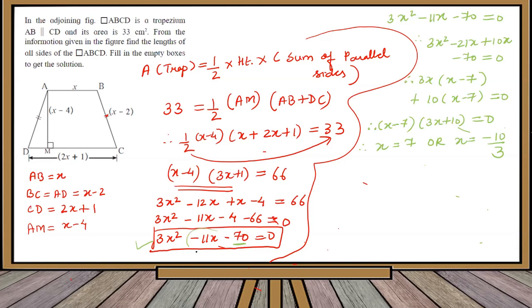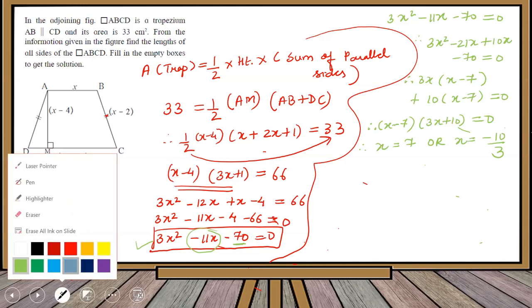And for minus 11x, we need 21 and 10: 21 into 10 will give me 210, and minus 21 plus 10 will give me minus 11. So I have solved the quadratic by splitting the middle term, and the solutions that I'm getting are either x is equal to 7 or x is equal to minus 10 by 3.